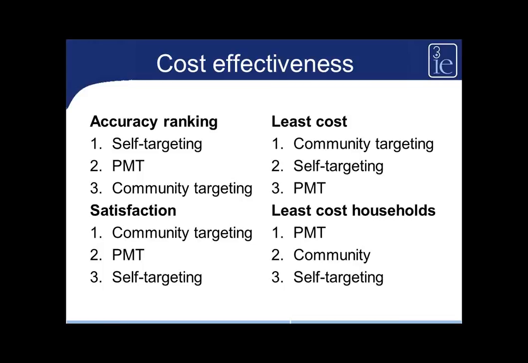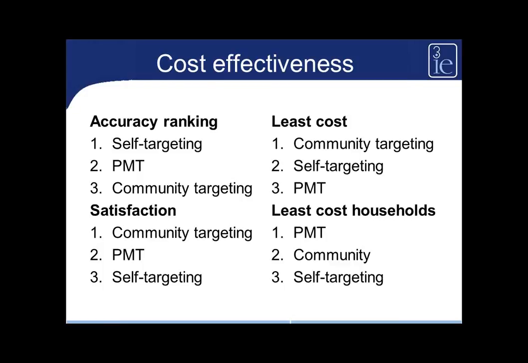On the right-hand side, you look at the cost. So the overall cost, it turns out the community targeting was least cost. But if you just looked at the costs that the households incurred, so suppose you don't care about what the government incurs and you only care about the households, you see that proxy mean testing was the least cost, and in fact the self-targeting was the highest cost.